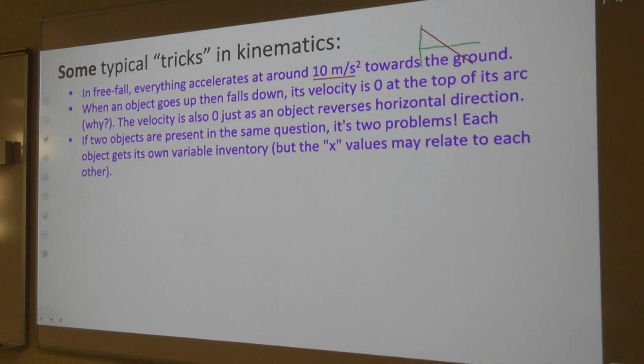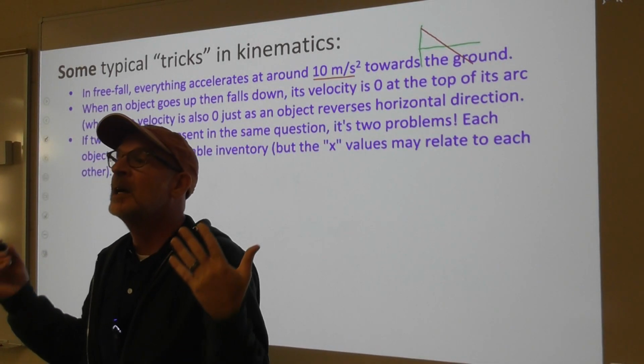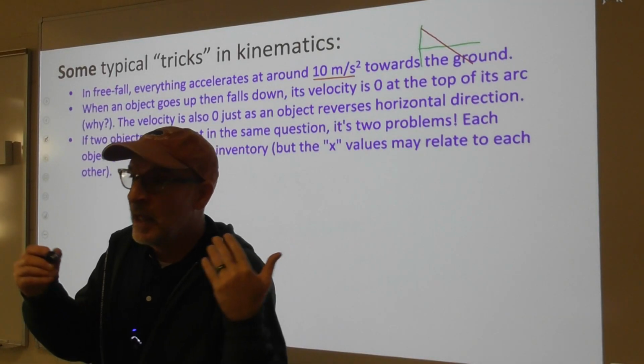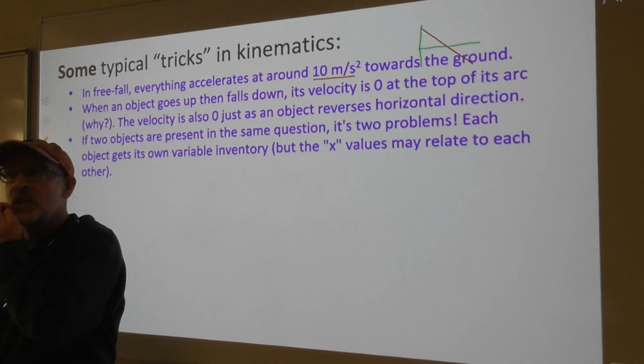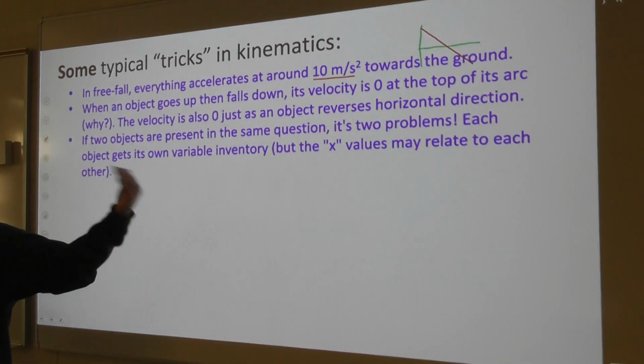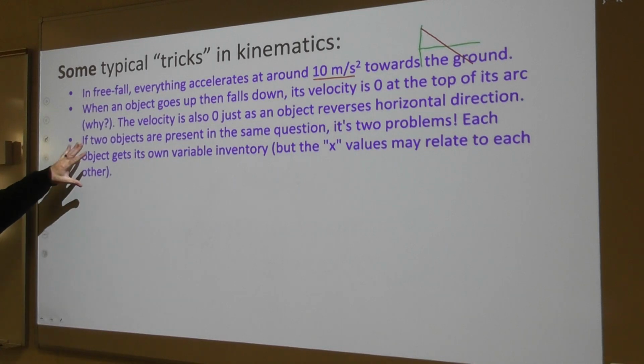Or how much time will go by? Those are two separate problems because the police officer has their acceleration and the driver has their acceleration. It's two different constant accelerations. One is zero, one is non-zero. So you have to solve those separately. You're not going to have to worry about this right away, but you will eventually.